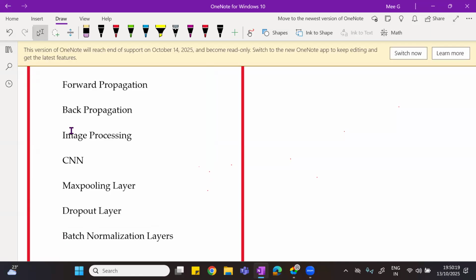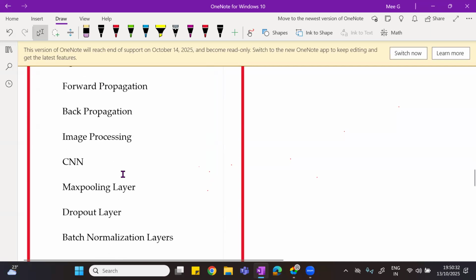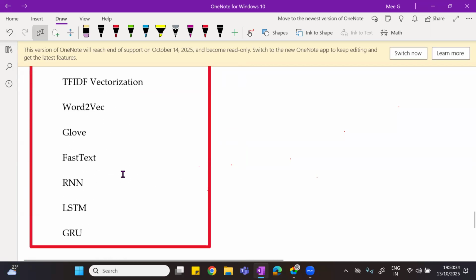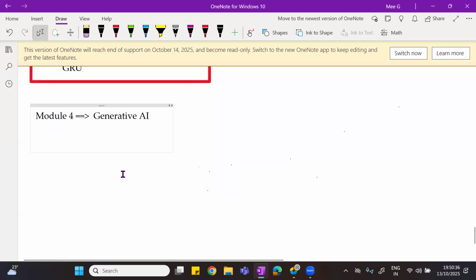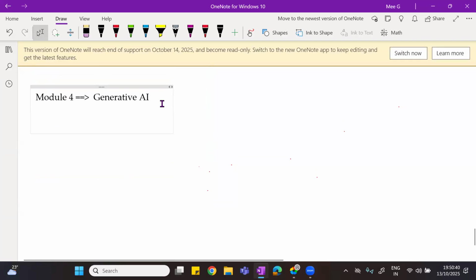Now you must be having a lot of doubts about the projects. Each and every code, whatever I'm going to implement, will be an entire project. So ANN, CNN, NLP, LSTM, all these things, we are going to implement as projects over here.